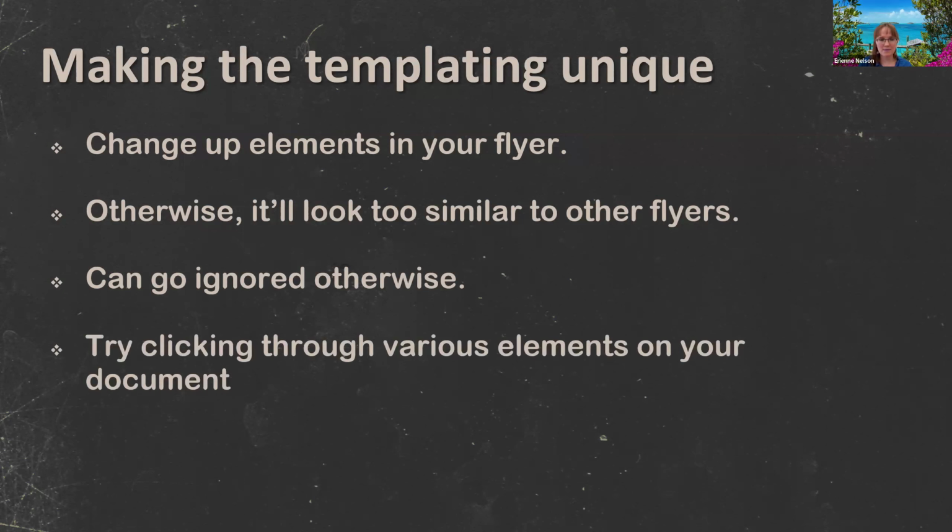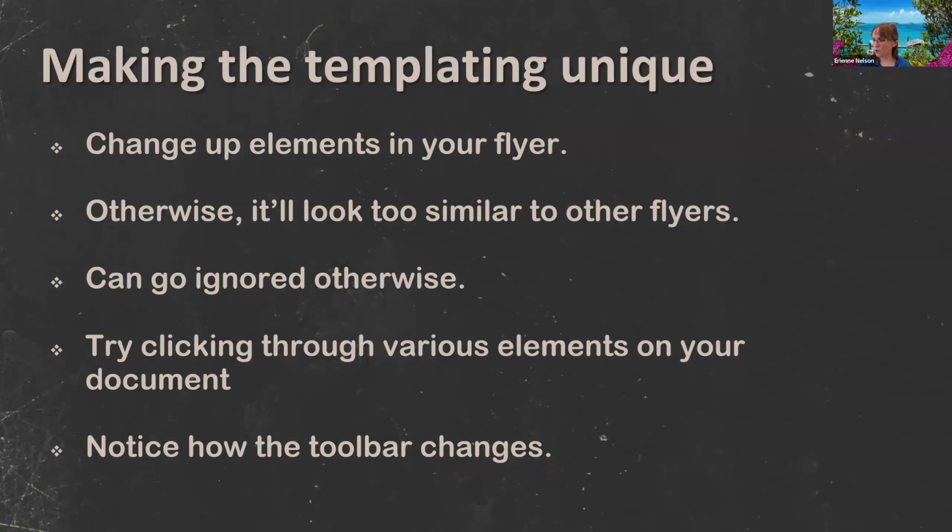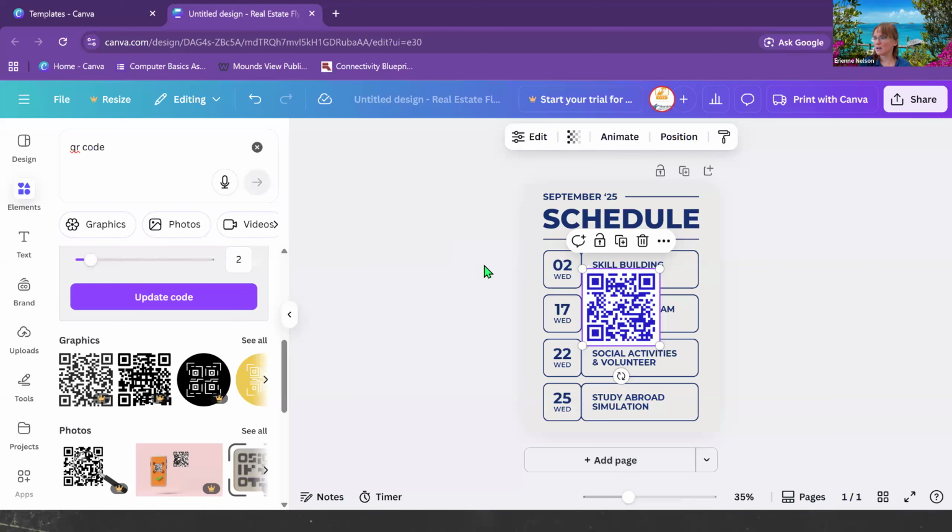You can try clicking on various elements in your document. As you click on various elements in your document, you're going to notice that the toolbar changes. So pulling back up Canva for a second, notice I currently have that QR code selected right now. There's a toolbar that has a couple of different options on it, very few options for the QR code.